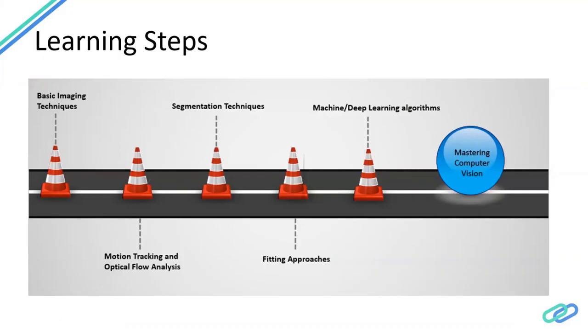Essentially, you have to be familiar with linear algebra, probability, these mathematical concepts, and then you start with the basic imaging techniques, understanding what an image is, what the camera is seeing, and what you see on the computer, and understanding geometry, projective geometry, multi-view geometry.